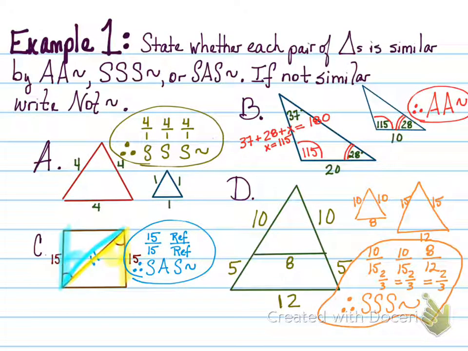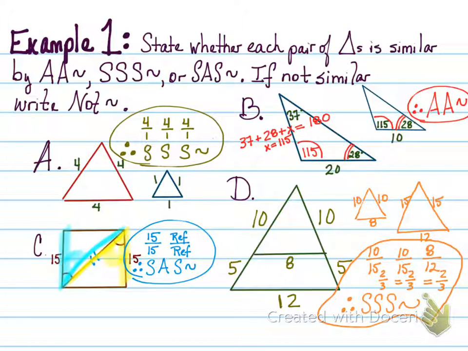And D, I don't like it when triangles are on top of each other, so I separated them. And now it's easier for me to see the lengths of these sides. So 10 is to 15, 10 is to 15, 8 is to 12, 2/3, 2/3, 2/3, or 0.6 repeating if you changed them to a decimal, which is side, side, side similarity.